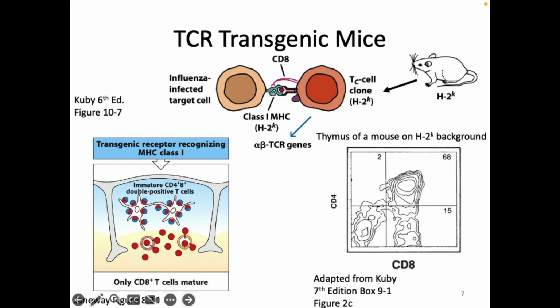And so they're all going to be CD8 T cells. When I look at that mouse's thymus, I'll see double negatives, I'll see double positives, and I'll only see CD8 positive cells. I won't see any CD4 positive cells. That mouse will make 100% of its T cells as clones of that original T cell, which we can use as a nice source of these cells.